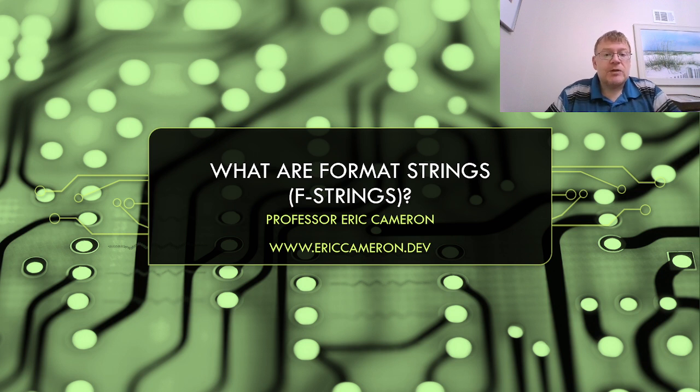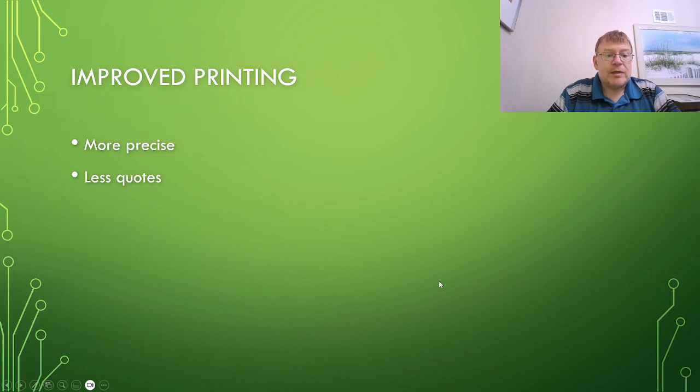We'll take a look at the syntax shortly, but just very quickly, the two advantages. First of all, it's going to allow you to be more precise, especially with numbers. For example, let's say I want to print out a number and I only want to display a certain number of decimal places. Format strings would be one way for you to achieve that without changing that underlying variable's value.